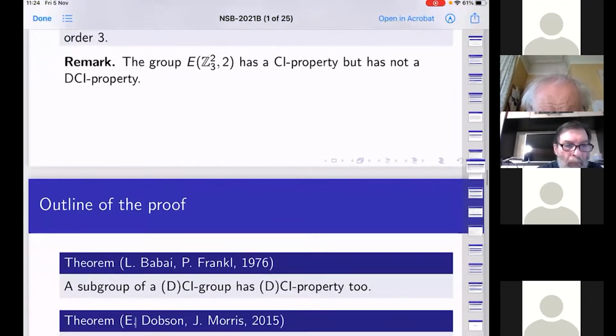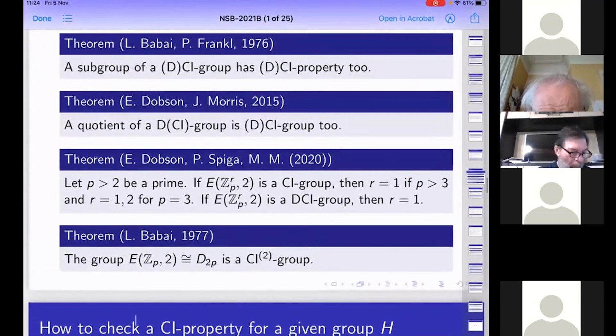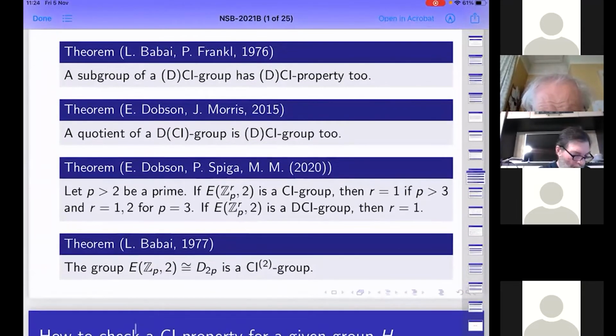So now the outline of the proof. Babai and Frankl proved that a subgroup of a CI group should be a CI subgroup. And Dobson and Morris quite recently proved that a quotient of a CI group should be a CI group.